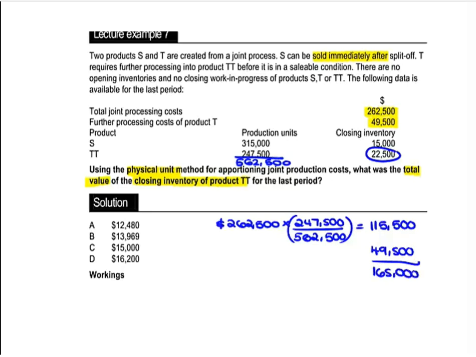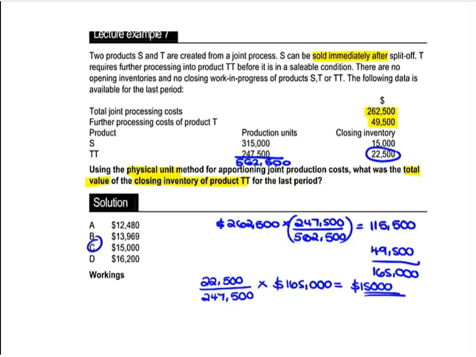So it cost 165,000 to produce all of the TTs, and at the end we've got 22,500 out of production of 47,500. So that's going to be 15,000 as the value of closing inventory.